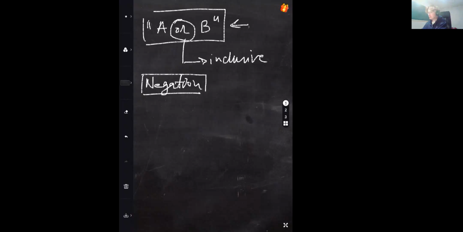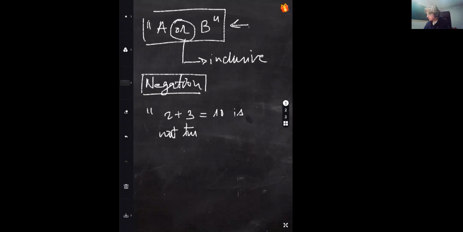So if it's false, then the negation is true. For instance, 2 plus 3 equals 10 is not true.